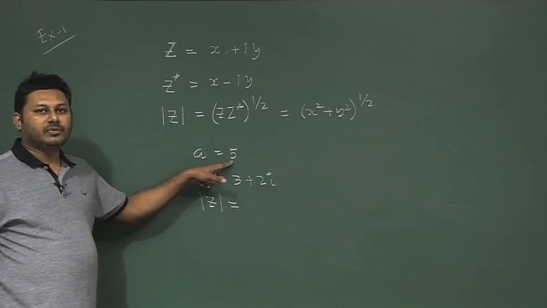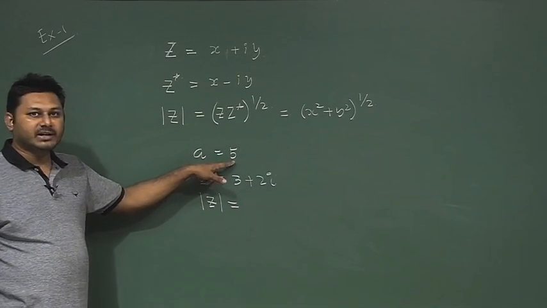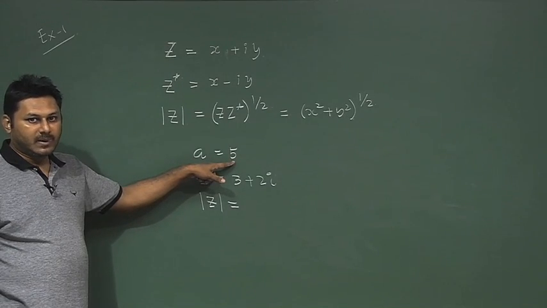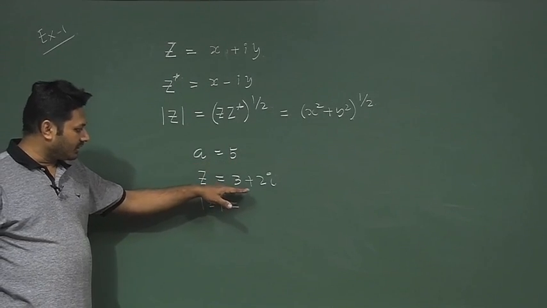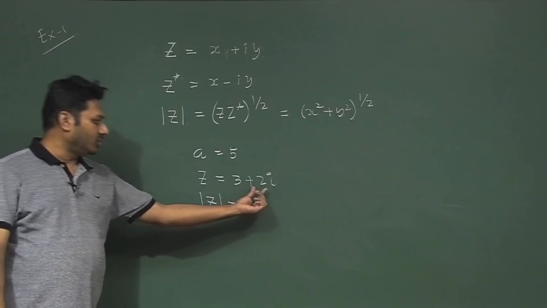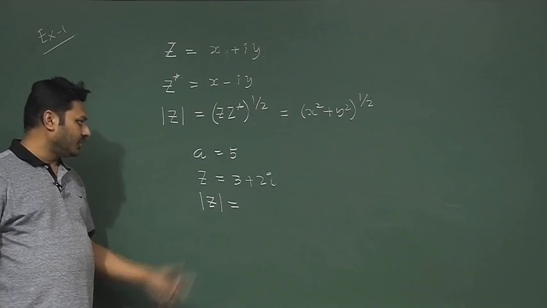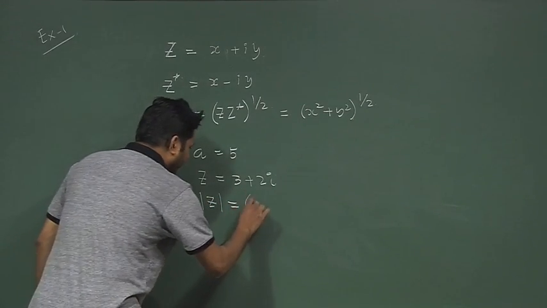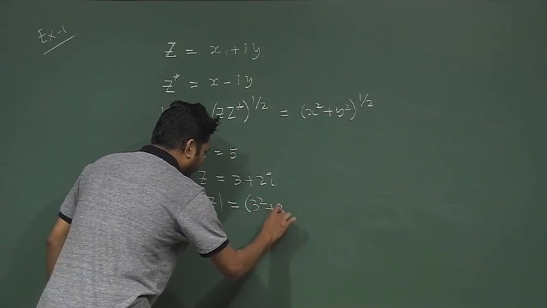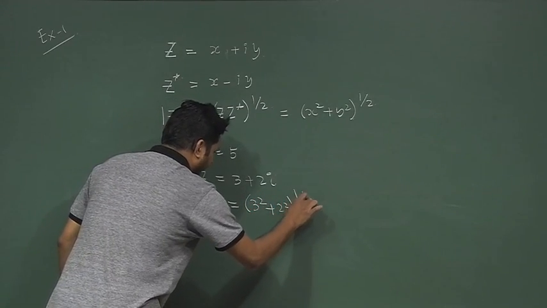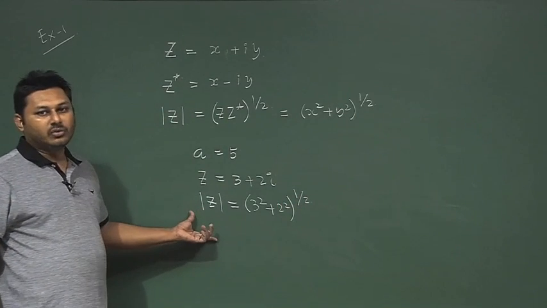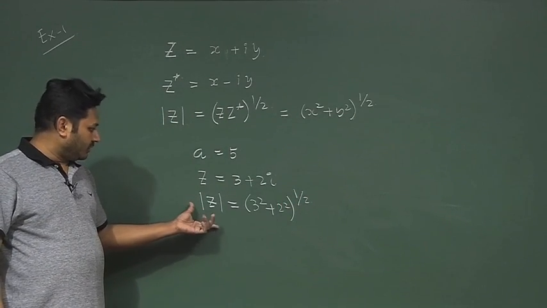It is not trivial. For a real number it is trivial, the magnitude is already 5. But here the magnitude is, what should I write, 3 or 2? It is not like that. The magnitude is 3 square plus 2 square whole to the power half. Now, why is that? I will explain, but not today, in the next class.